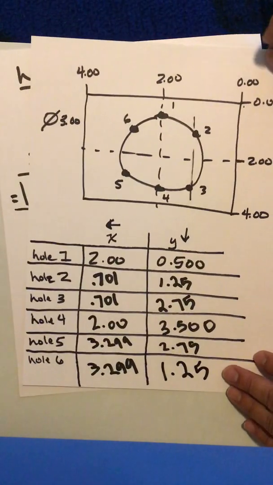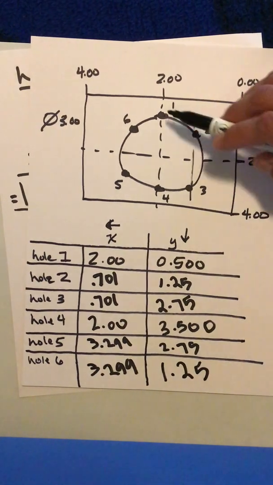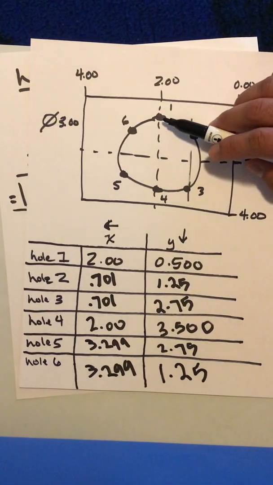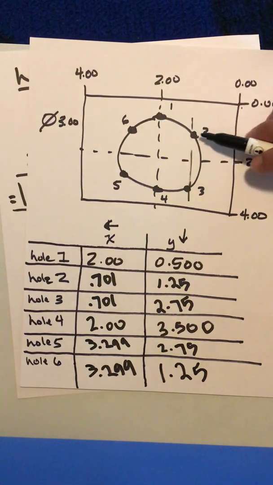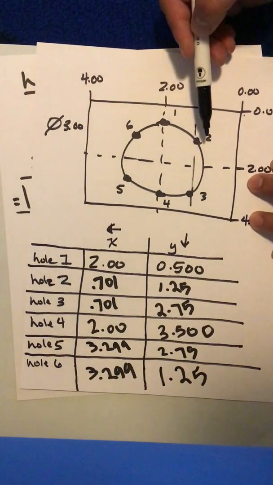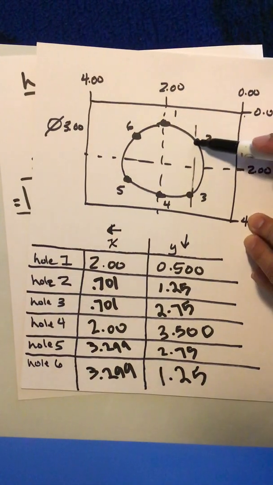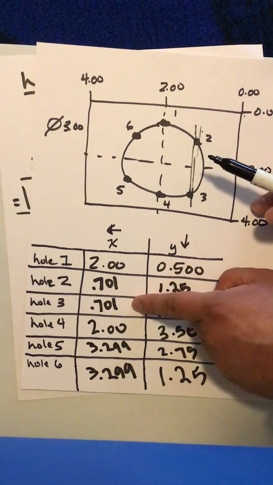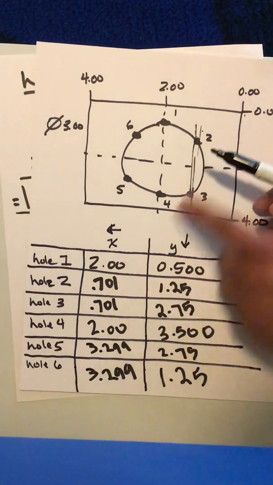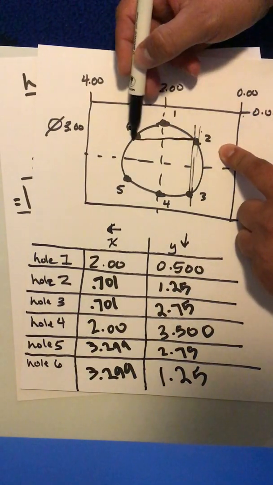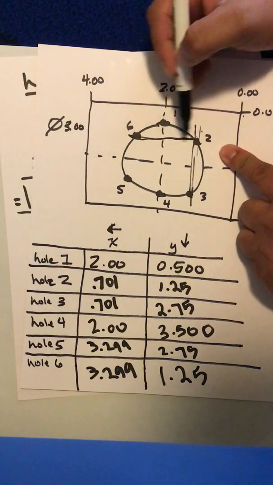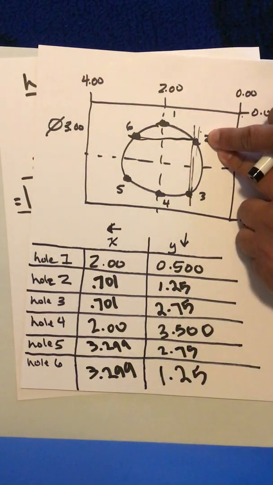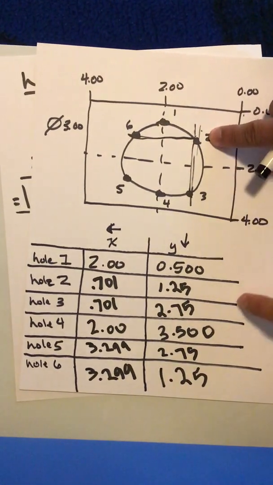Now, if I look at my setup, hole 1 is right here, that's 2.5. Hole 2 will be 0.71. Remember, it shares the same vertical axis as 3, so whatever 2 is, it's going to be the same for 3. And 2 shares the same horizontal axis as 6, so going down for 2 will be the same as going down for 6.